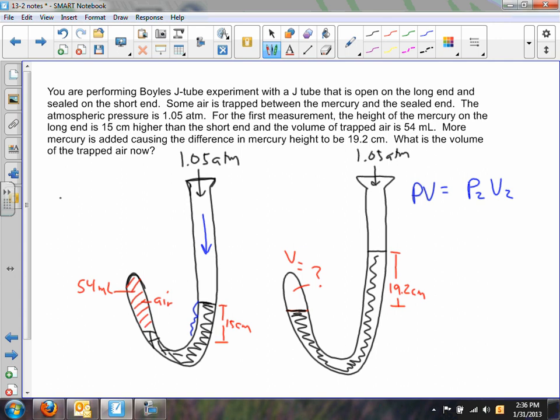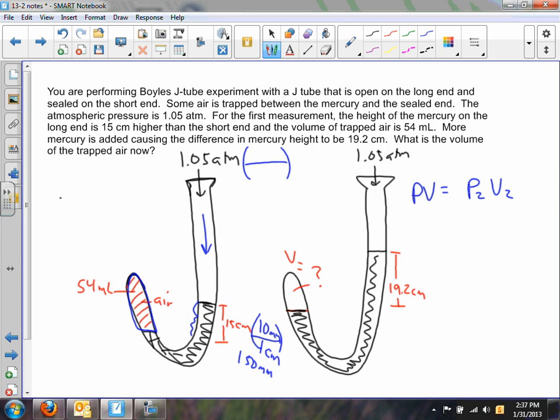So really, the original pressure is the sum of those two causing this volume of air in the tube. So I need to add those two pressures together. Well, we can't add centimeters to atmospheres, so we need to convert. I know that 1 centimeter has 10 millimeters in it, so this is really 150 millimeters difference.